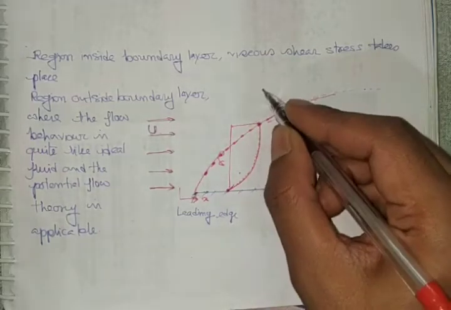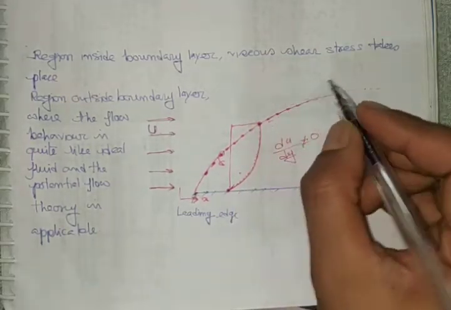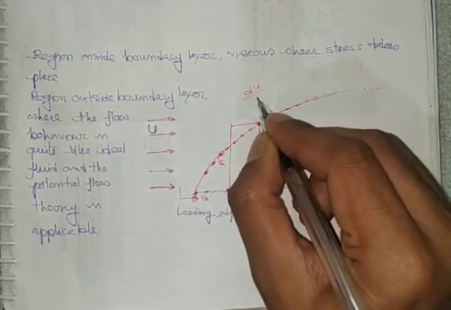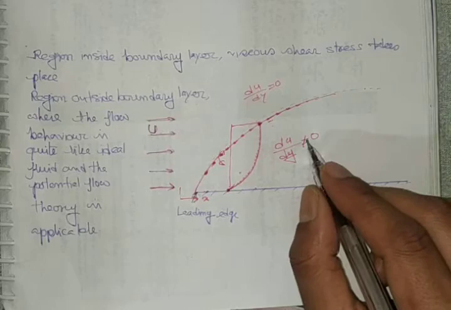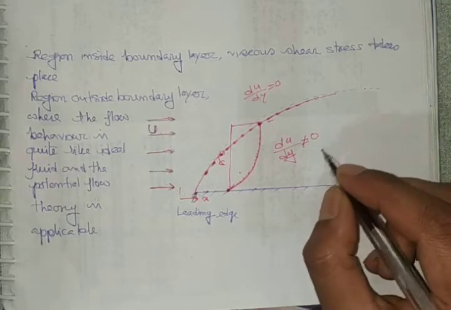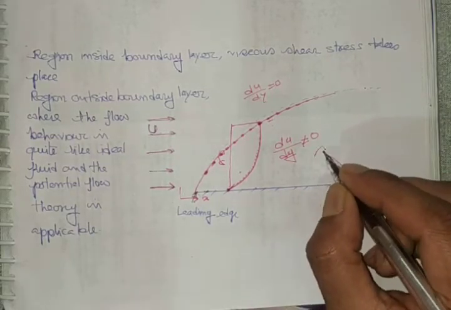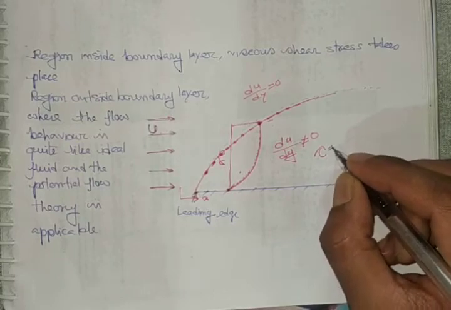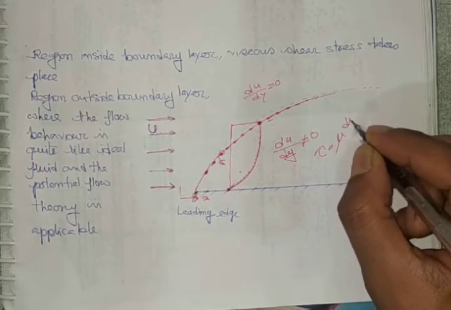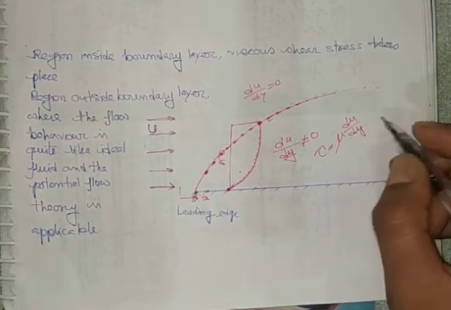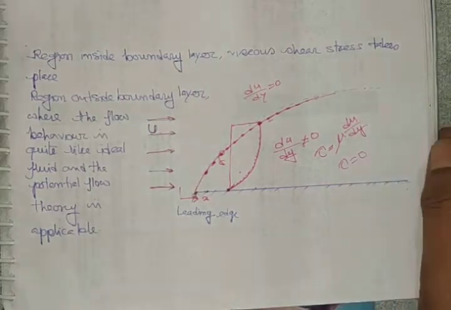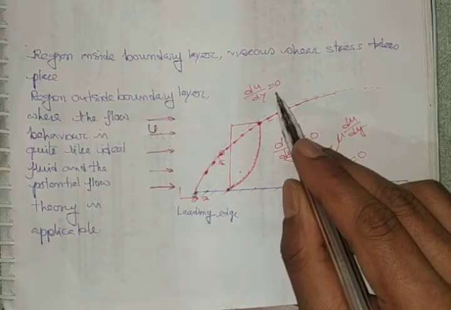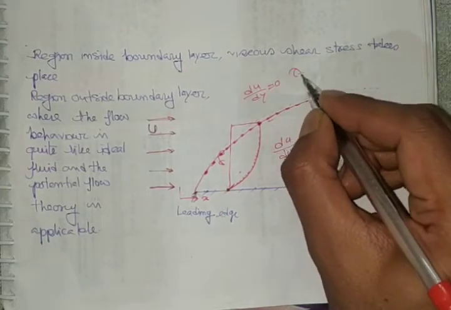But outside the boundary layer the velocity gradient is 0. So if the velocity gradient is not equal to 0, and you apply Newton's law of viscosity, tau equals mu del u by del y, this is not equal to 0. In the sense your tau is not equal to 0. Outside this is equal to 0, so tau is equal to 0.